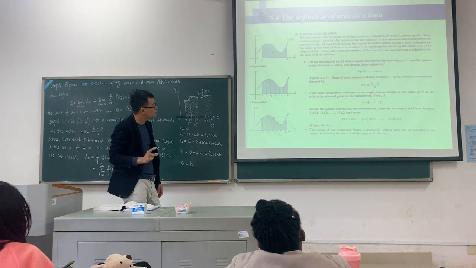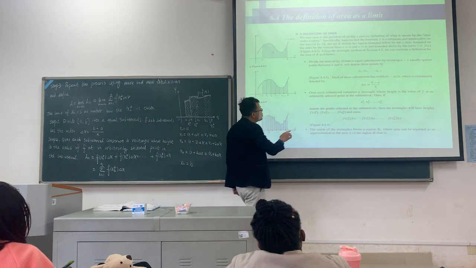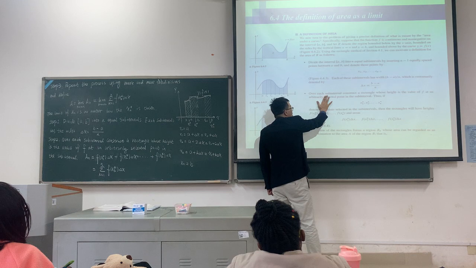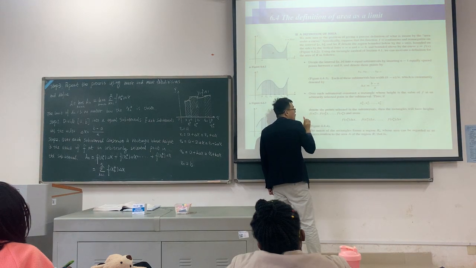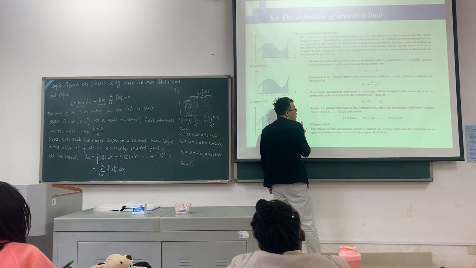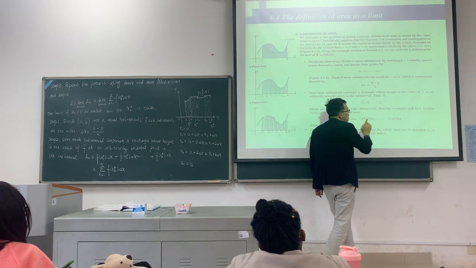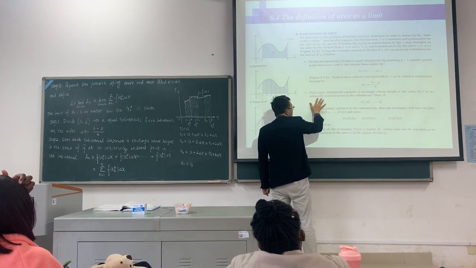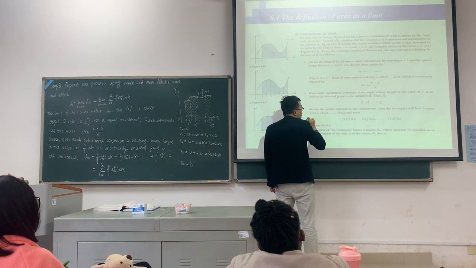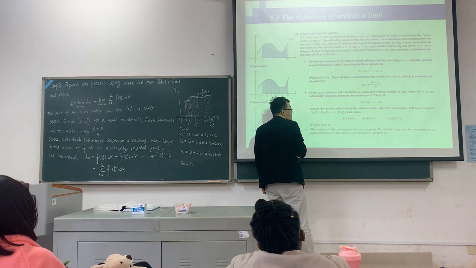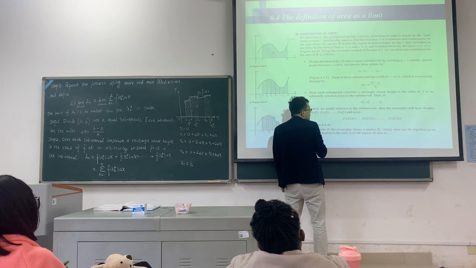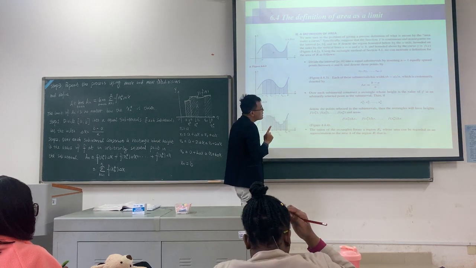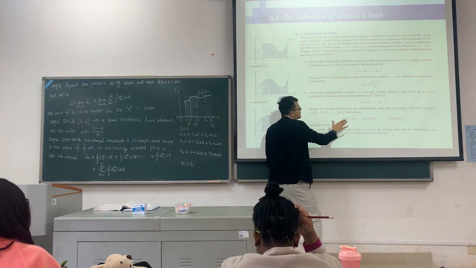The second step is, over each subinterval, we construct a rectangle whose height is the value of f at an arbitrarily selected point in the subinterval. We denote these points by x1 star, x2 star, up to xn star.